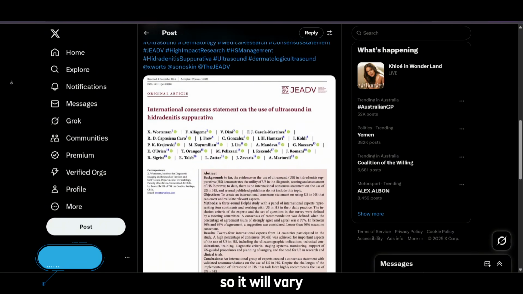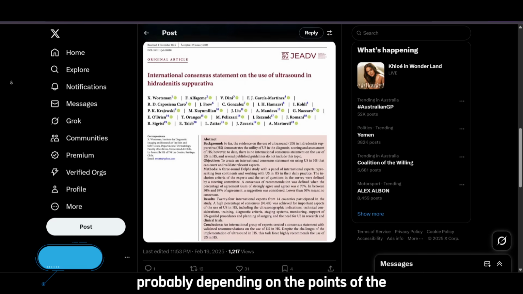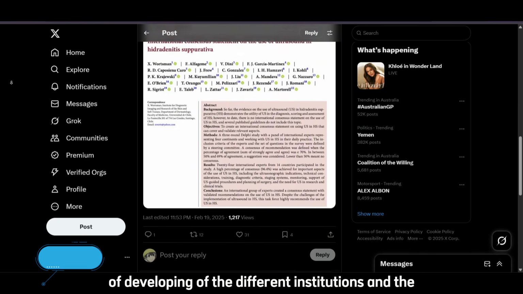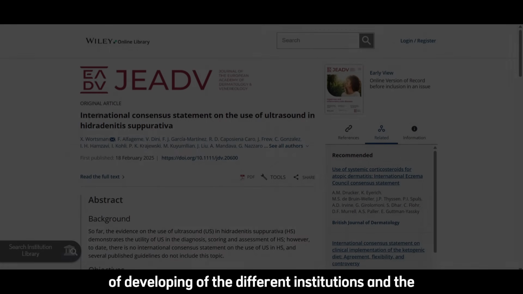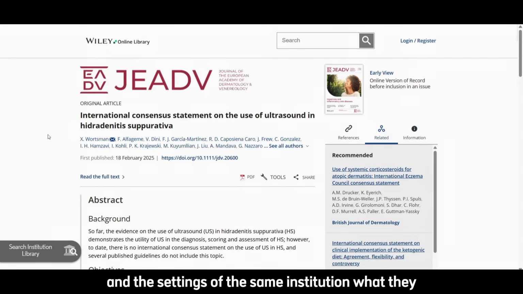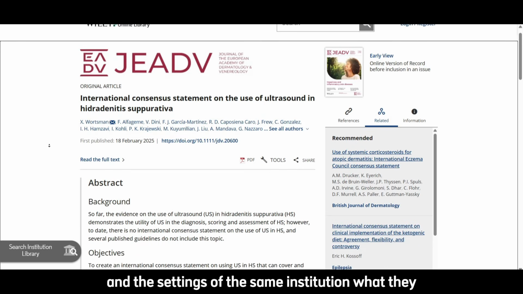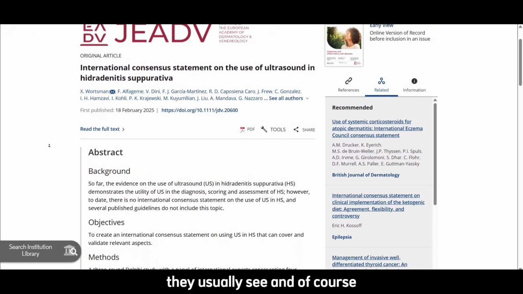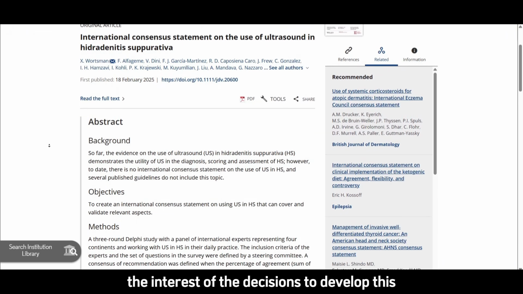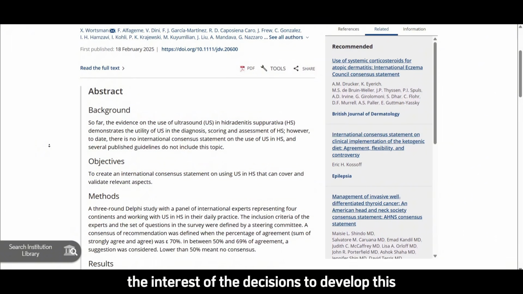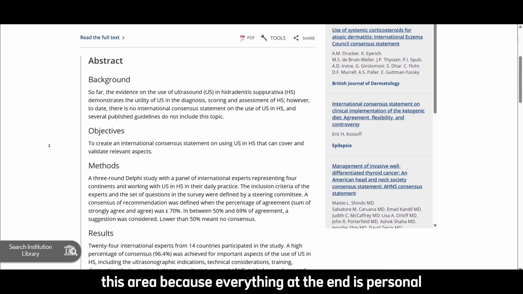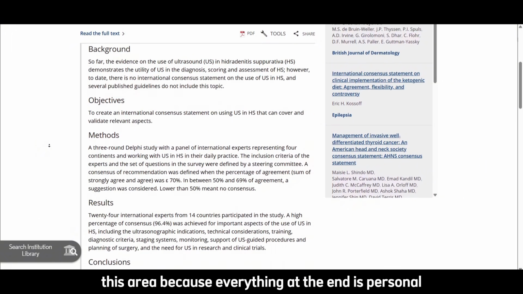So it will vary probably depending on the points of development of the different institutions and the settings of the same institution, what they usually see, and of course the interest of the physicians to develop this area, because everything at the end is personal.